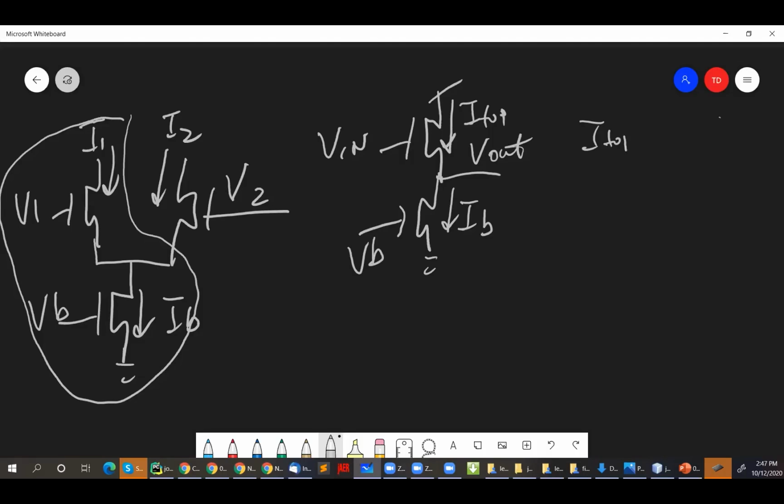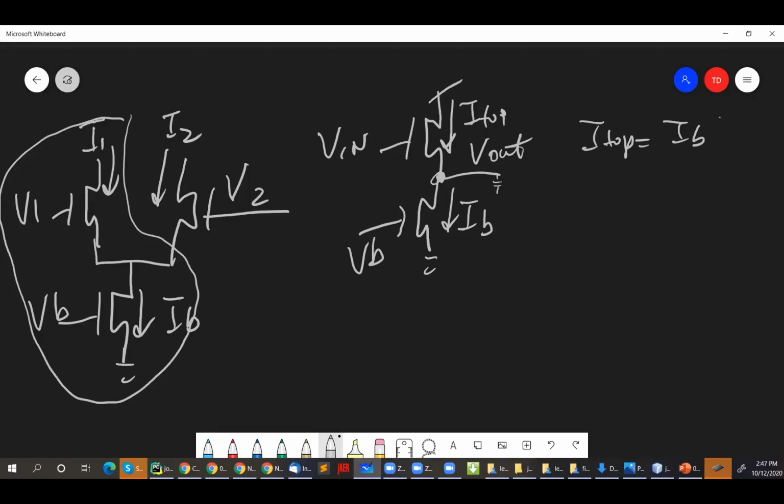Because if I top is not equal to IB, then you're going to get a net current at this node that's going to change the voltage at this node, because even though we don't draw it, there's actually a little capacitor at every node of your circuit. So it's going to move to a place where I top will be equal to IB. And this is a source follower circuit because the output follows the input, right?